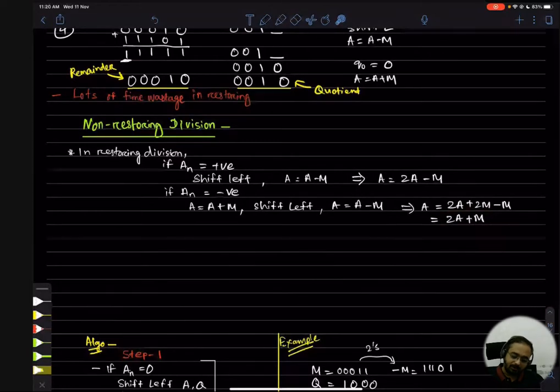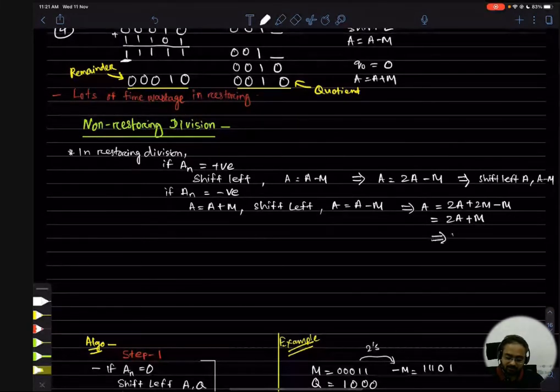So from this you can see that the positive case can be converted as shift left a, then a minus m, and the negative case can be written as shift left a and do a plus m.